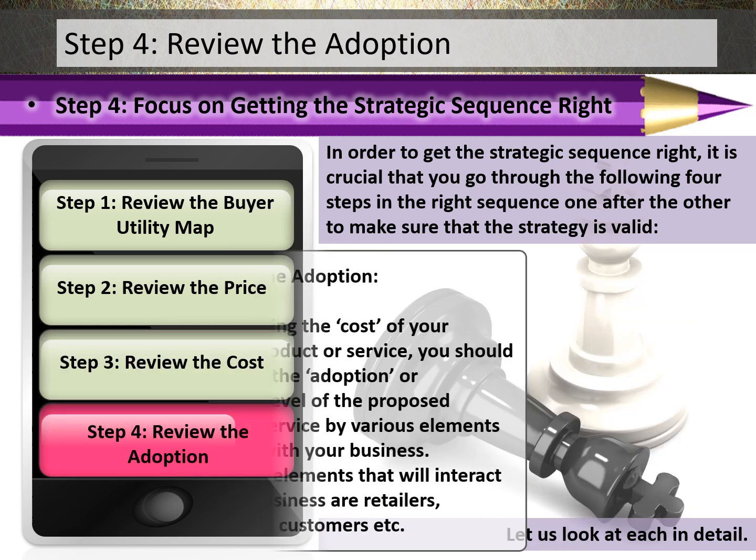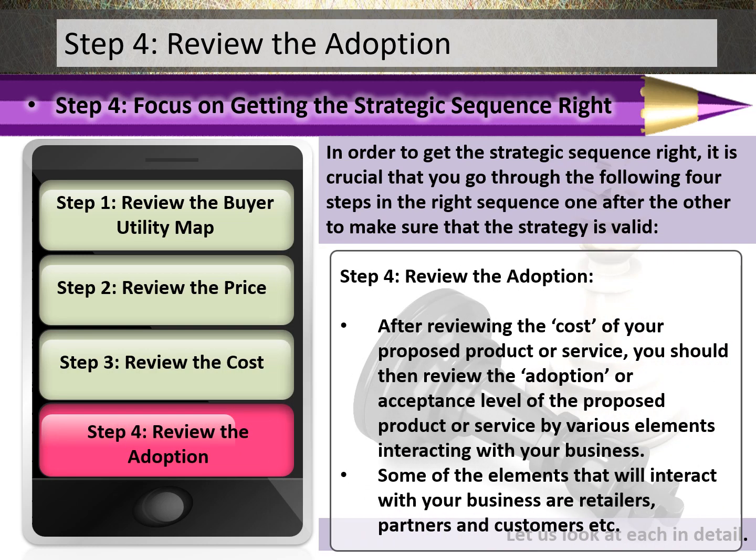Step 4. Review the adoption. After reviewing the cost of your proposed product or service, you should then review the adoption or acceptance level of the proposed product or service by various elements interacting with your business.